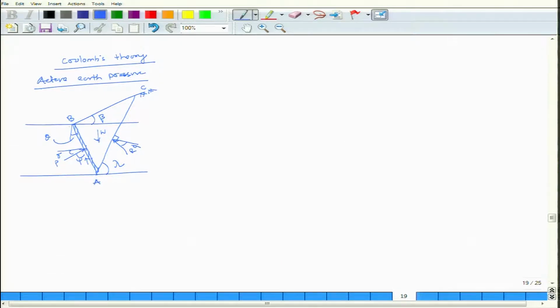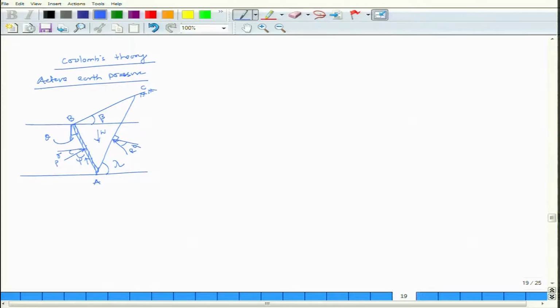P is your pressure, because of the friction angle between wall and soil, that is your delta. If I am considering this a wedge, the weight of the wedge is W, and here is a reaction force.